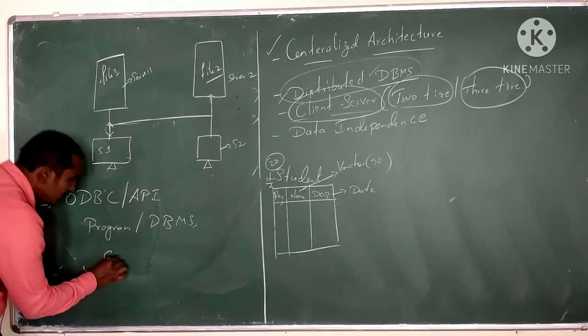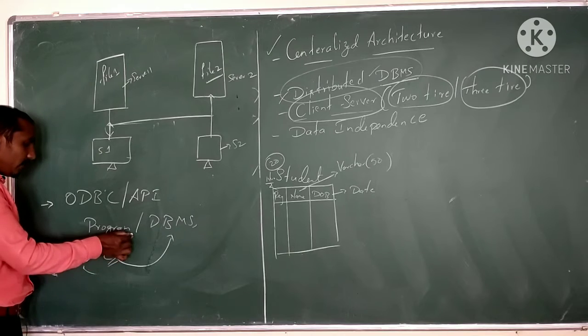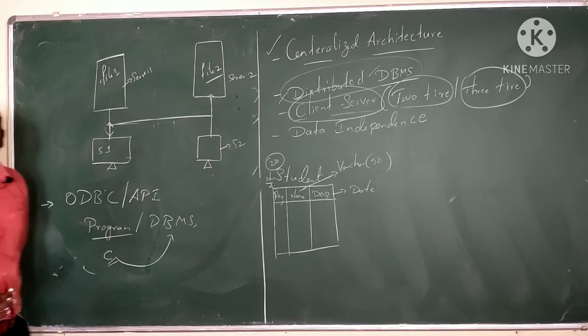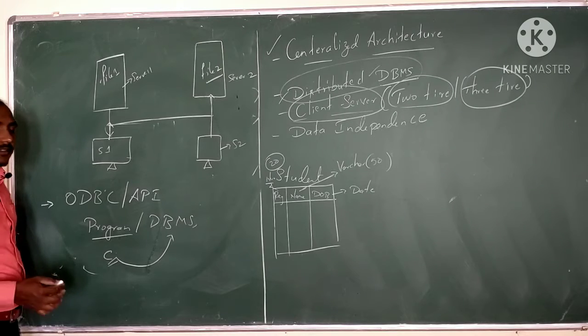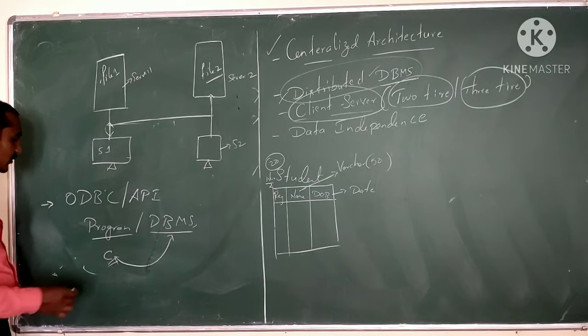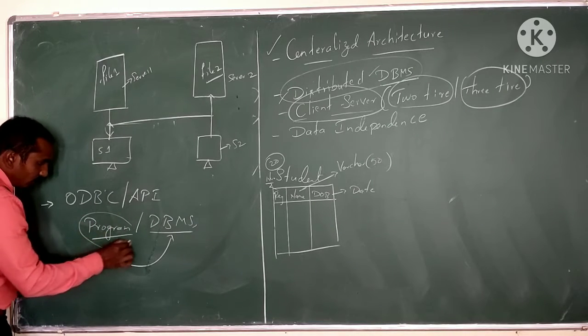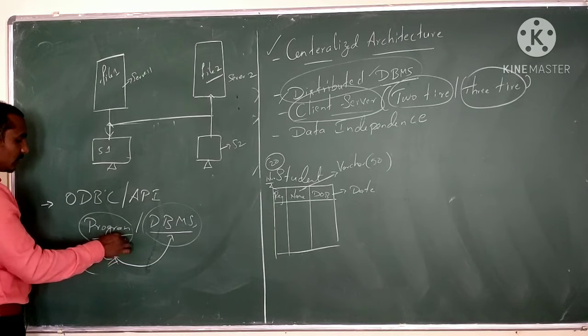That data is present in a database management system. I have a C program, and this C program needs some information or data. That data is present in the database management system. Now if you see, this is a different software and this is a different software altogether. This is C programming.